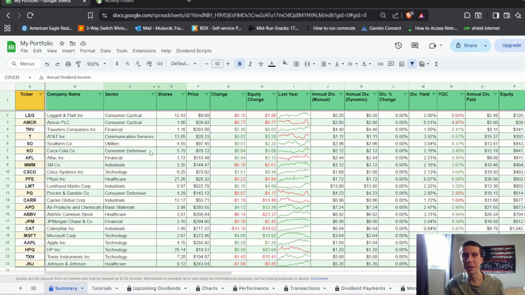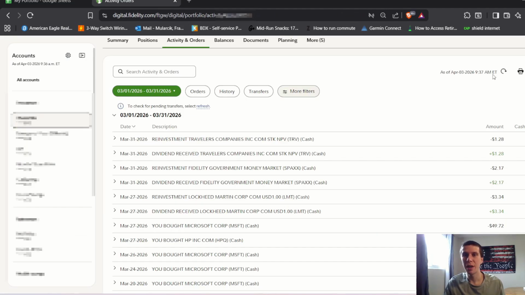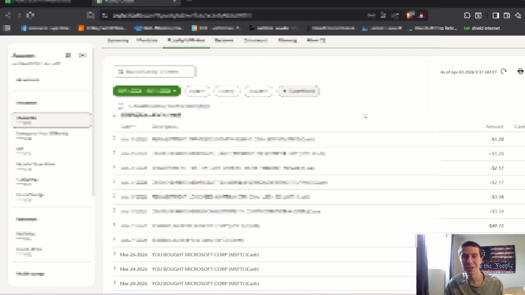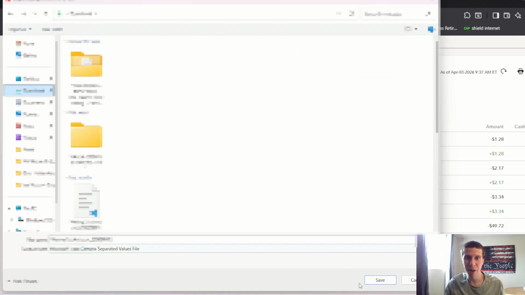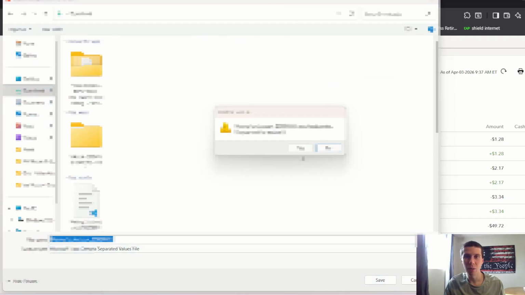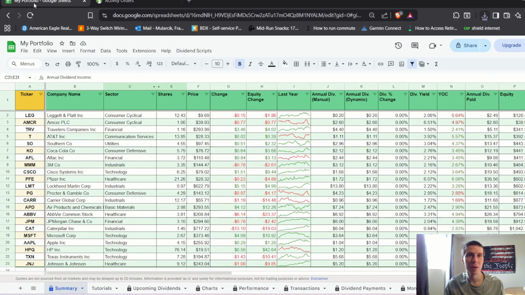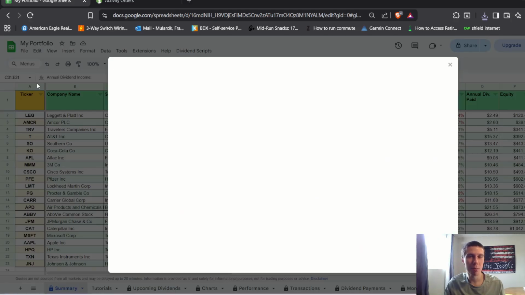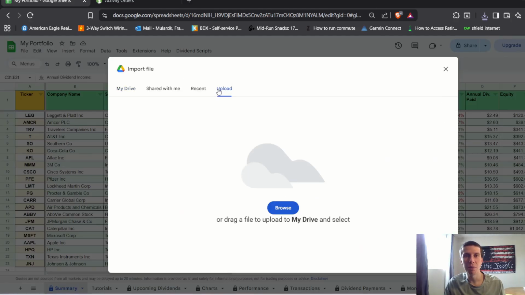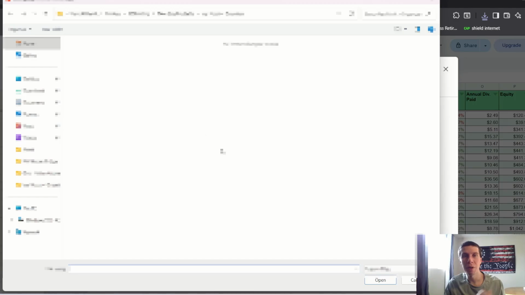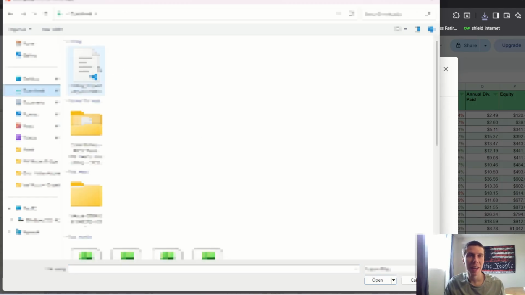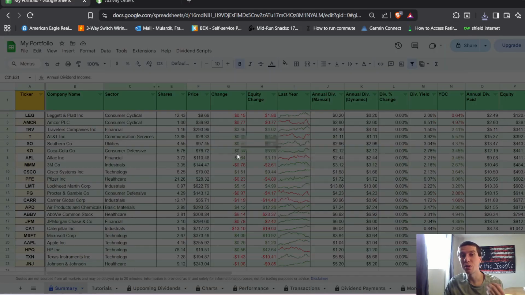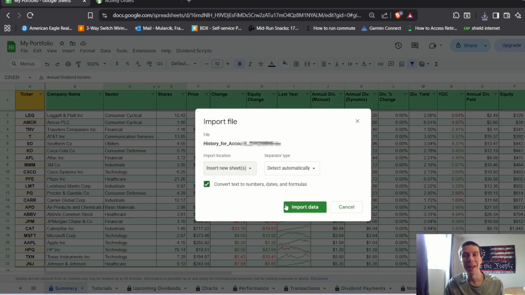We'll go over here to Fidelity to download the transactions. I have them filtered March 1st through the 31st, so we can download the transactions, save them to my computer here, and then we will go into my spreadsheet and go to import, and then upload that CSV file, and we'll be able to import all these transactions, and I will be able to parse through them using my scripts and put all the data in my spreadsheet where I want it to go.